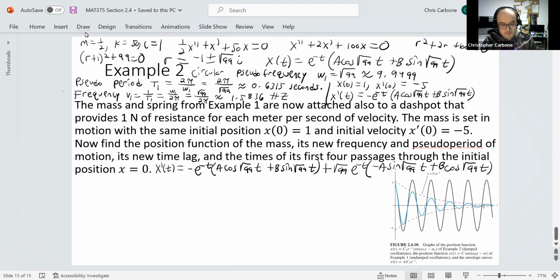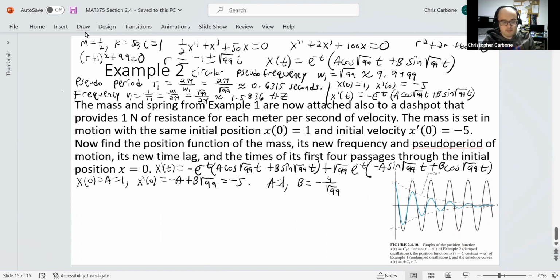There we go. If we put in 0 for t in the regular function, we get a to be 1. If we put 0 into the derivative we just wrote, we get negative a plus b times the square root of 99, and that is equal to negative 5. So from this, we get a to be 1 and b to be negative 4 divided by the square root of 99.